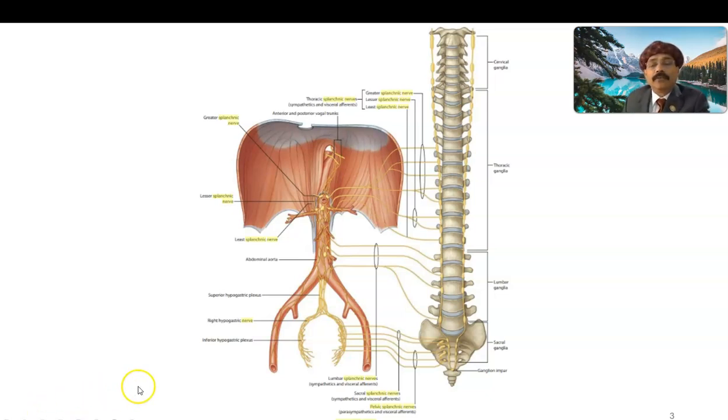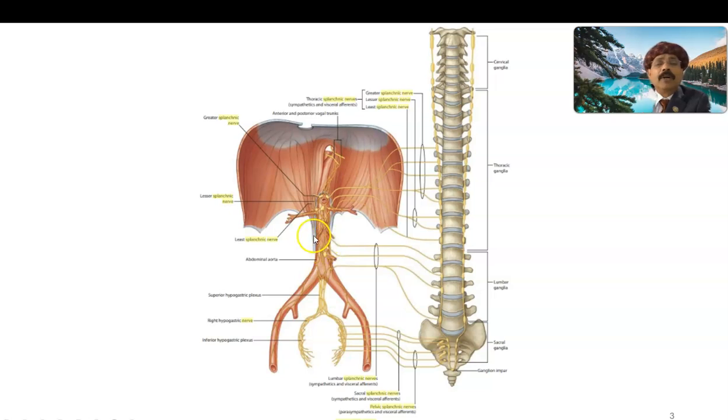Okay, if we look at this, we are seeing the greater splanchnic nerve coming from the thorax, passing through the crus of the diaphragm to reach the inferior mesenteric, superior mesenteric, and intermesenteric plexuses. These are pre-aortic plexuses.